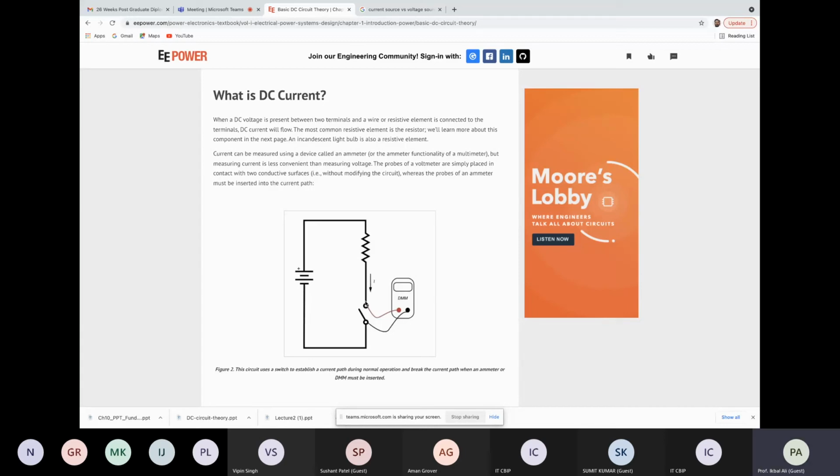And if you want to measure the magnitude of this current, you need to have an ammeter and connect it in series. This is how you connect the ammeter in series. You break the circuit at one point, you will get two ends, and one end you connect to the ammeter, one polarity or one end to one end, another end to another end, and the ammeter will start showing the value of the current.